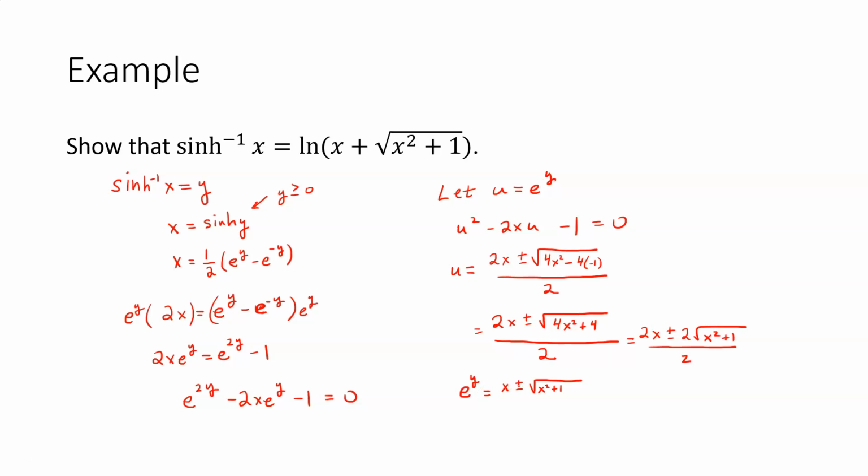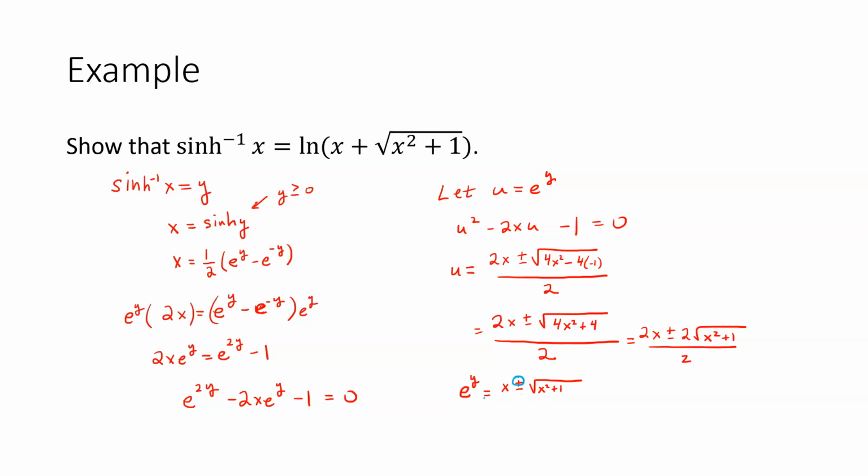Now here's where we have to be careful. I left the plus or minus here because maybe it wasn't obvious that we could have both, but here we need to actually pick one, and in this case we would have to pick the positive one because we could never have an e to any power that's going to come out to be negative.